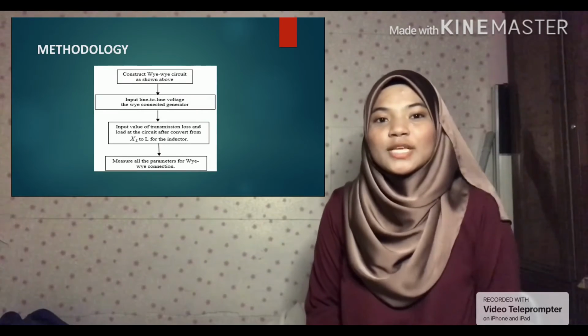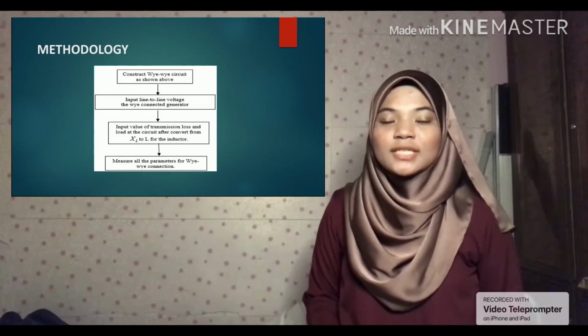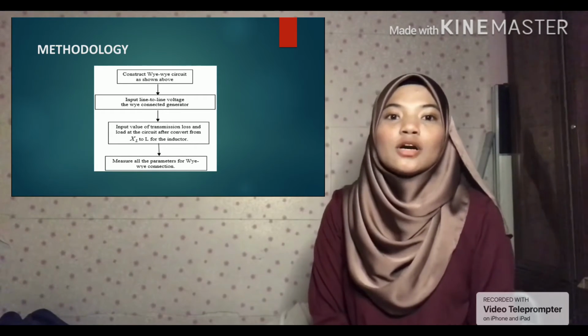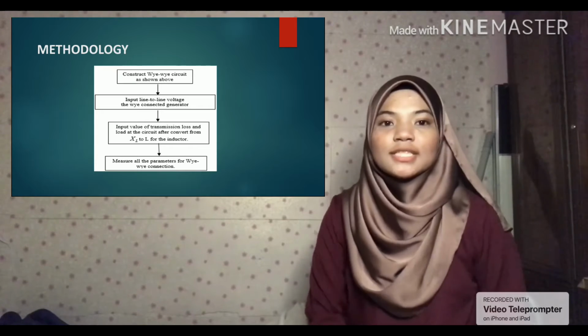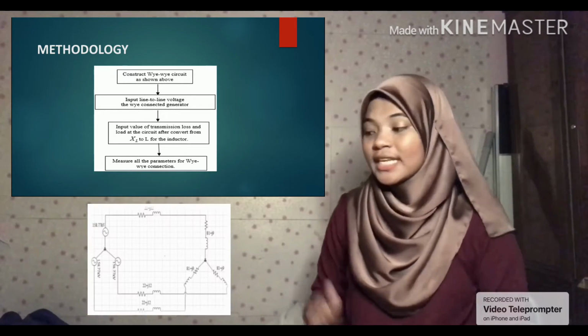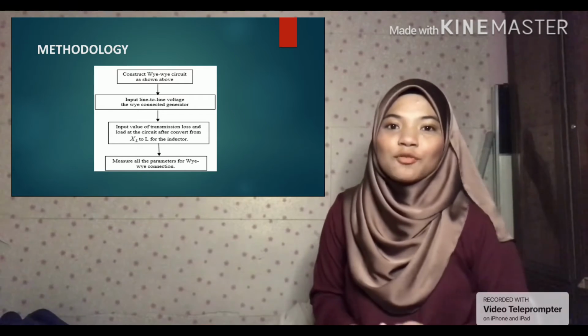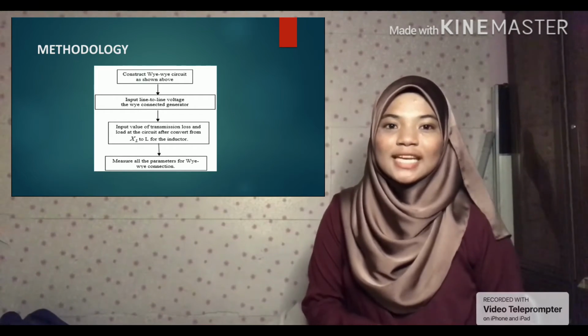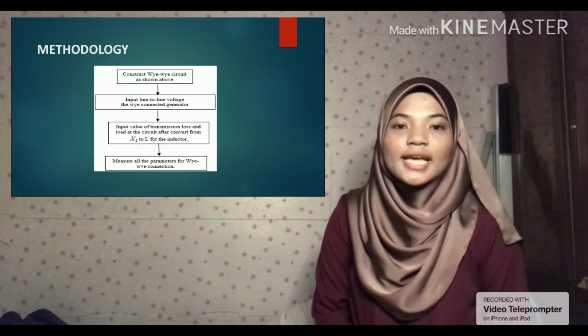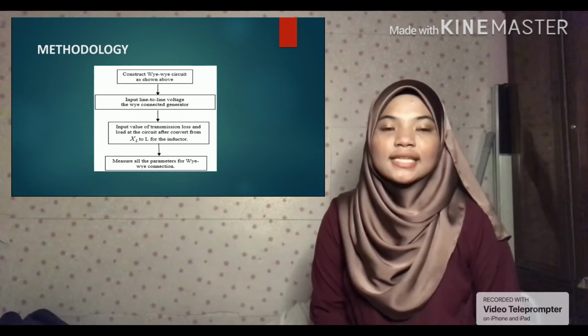Now I'm going to explain the methodology of the project simulation. As you can see here, this is the flowchart of the methodology. First, the circuit of Y-Y connection for the three-phase system has been connected. The line-to-line voltage of 275 kV has been input to the Y connected generator.